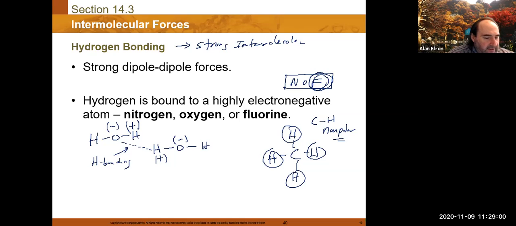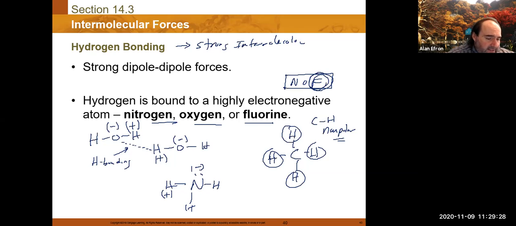So in order for something to have the ability to hydrogen bond, it needs to have a hydrogen that's directly connected to a nitrogen, oxygen, or fluorine. For example, take something like NH3. NH3 can hydrogen bond. NH3 is trigonal pyramidal, a polar molecule, with hydrogen being more positive and nitrogen being more negative.